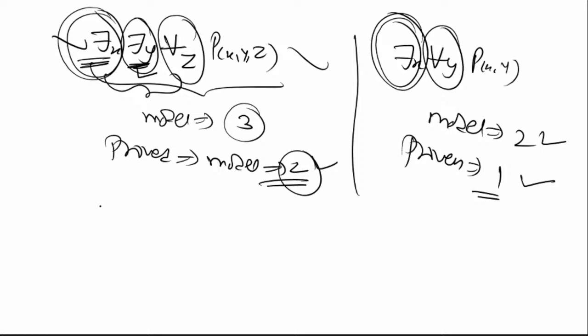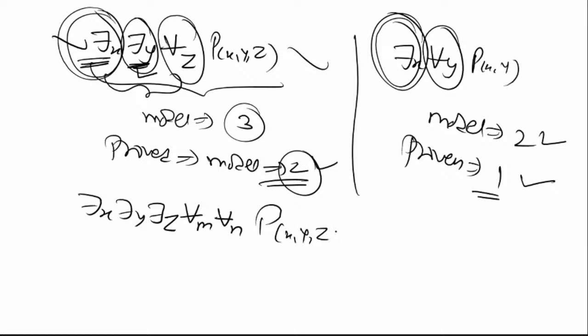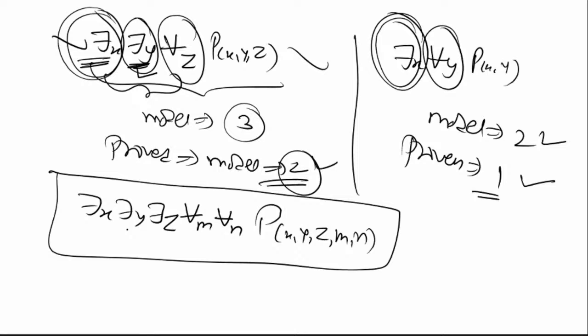You can take it as homework: there exists x, there exists y, there exists z for all m, for all n, P(x, y, z, m, n). Again, this is the same pattern.